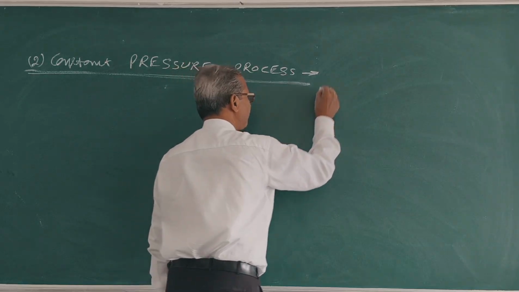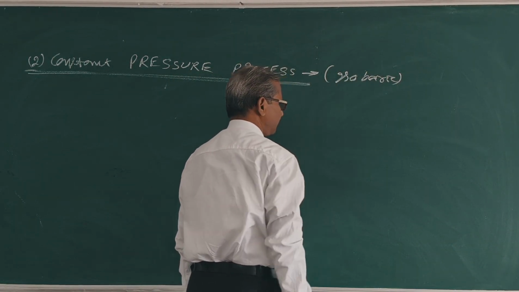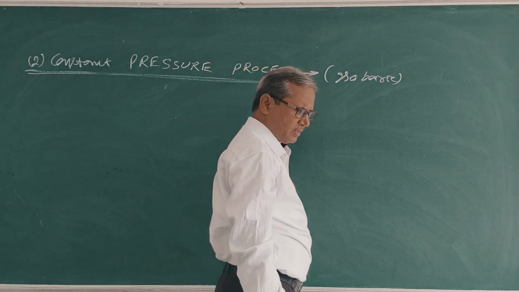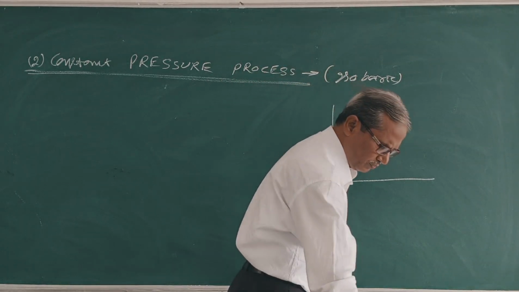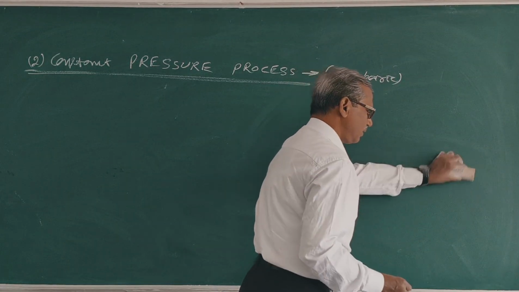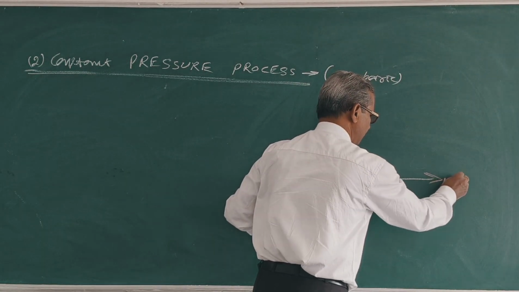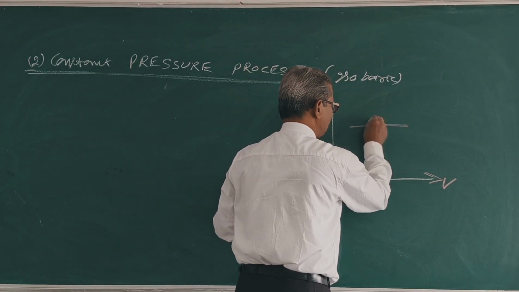This is the constant pressure process. This is volume V, this is pressure P. Suppose this is process 1, 2.